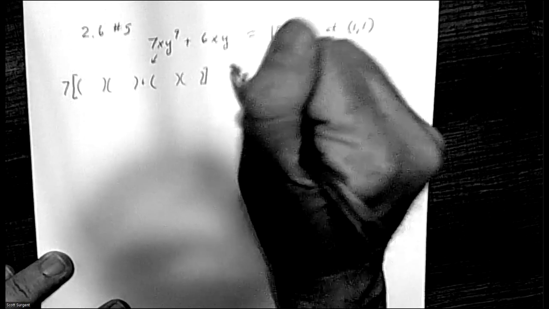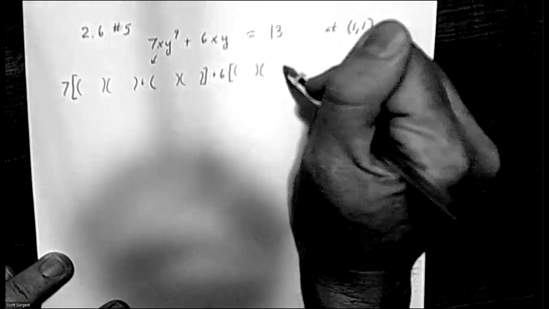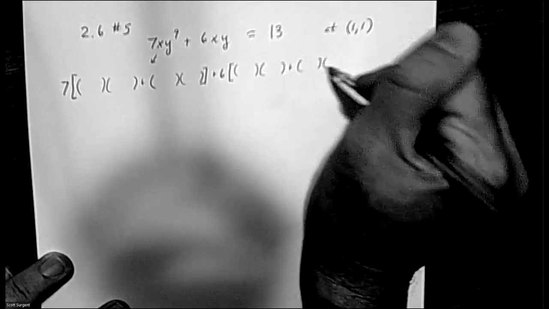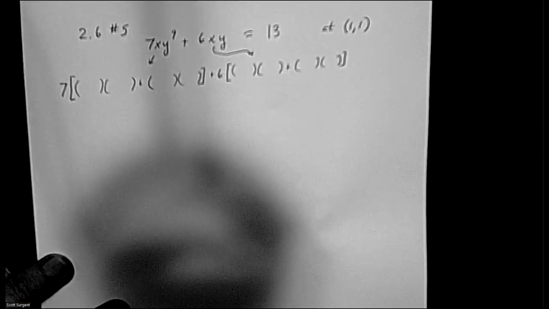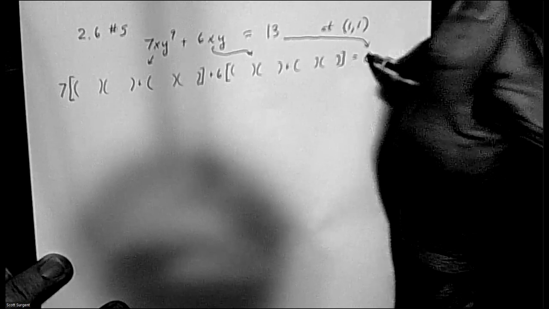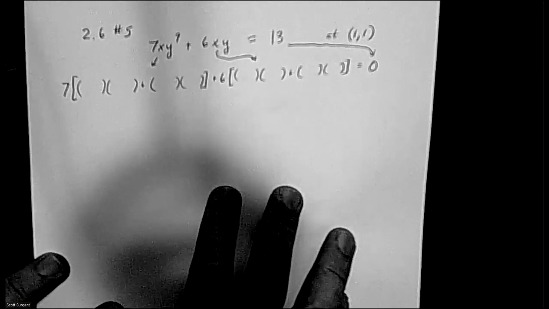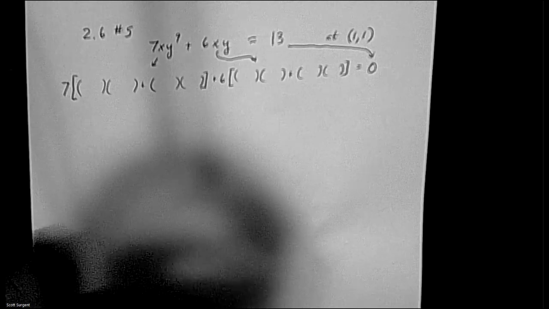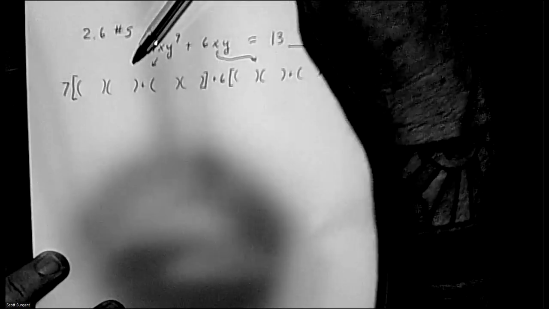I'll do the same thing with the 6. Now the derivative of 13 is 0. We're doing derivatives here. This line is going to be the derivatives line. So remember, I'm mentally ignoring the 7. I'm just worried about the x and the y to the 9.